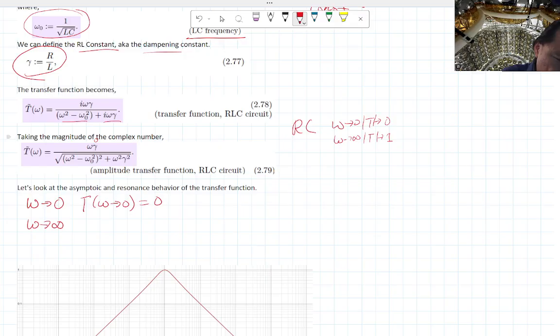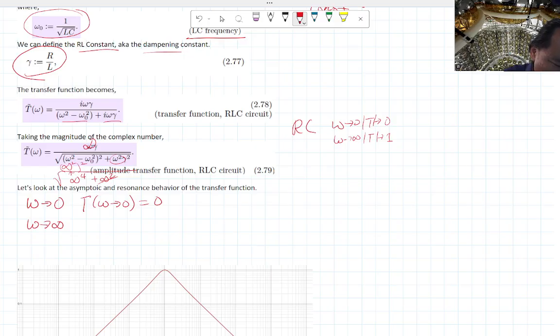So if omega goes to infinity, you have one factor of omega on top, but then you have omegas on the bottom also. That's omega squared here, but that whole thing gets squared, so this term actually has a power of omega to the 4th, still under the square root. This term has a power of omega to the 2nd, so it doesn't matter as much.